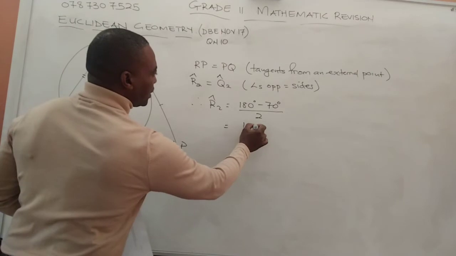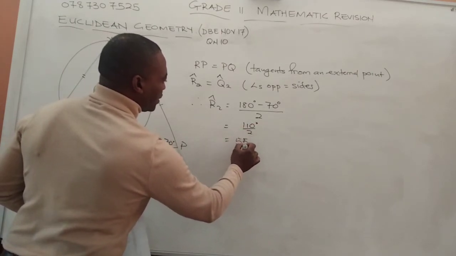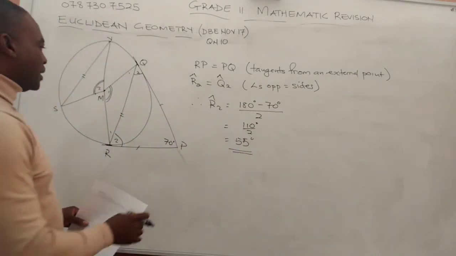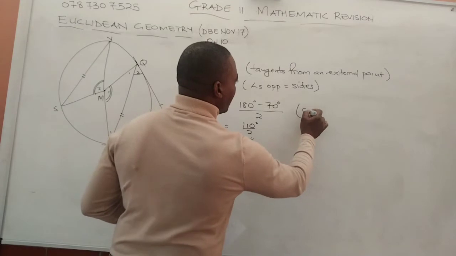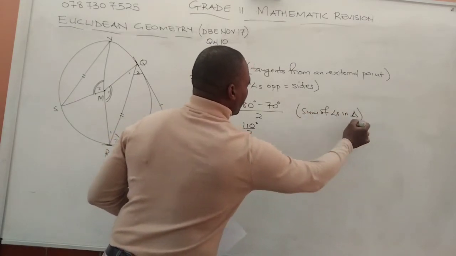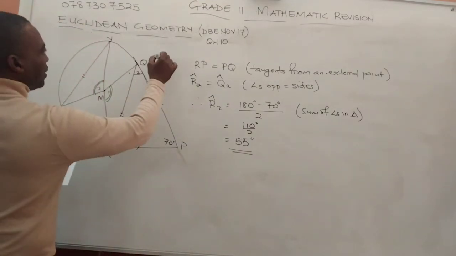So this is 110 degrees divided by 2, which will give us 55 degrees. And the reason here will be sum of angles in triangle. That is 10.1.